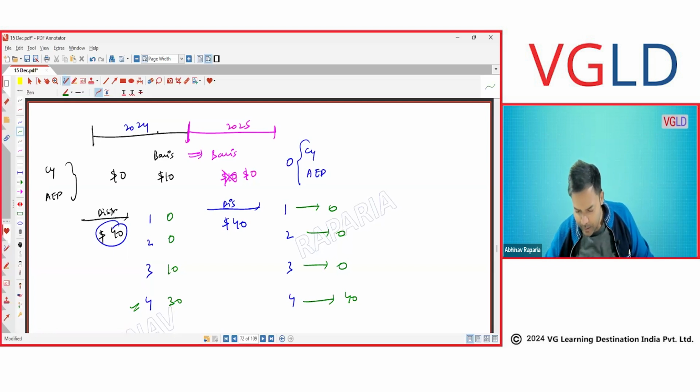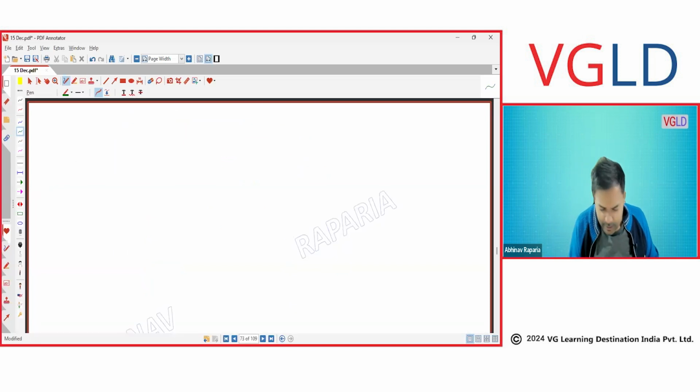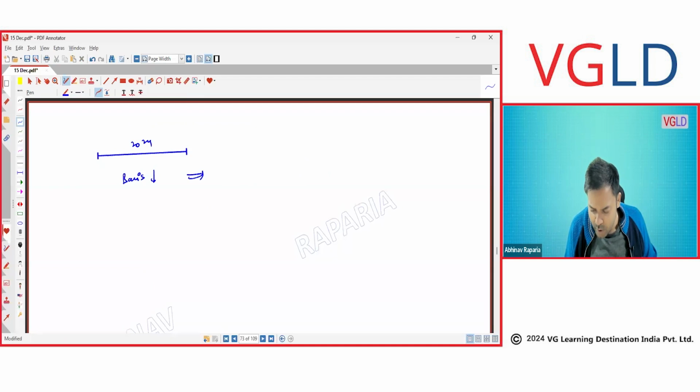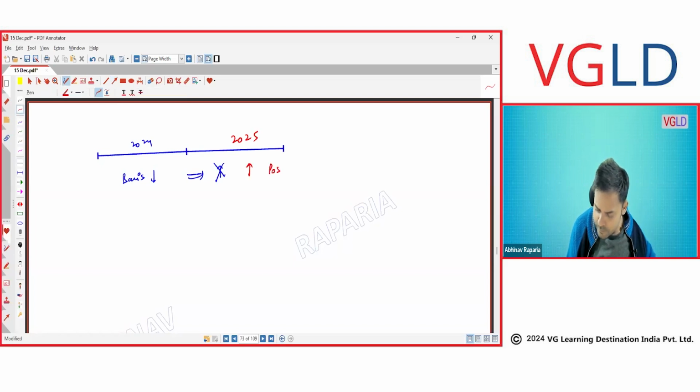So that means if in any year, let's say in 2024, my basis has been reduced, it is not going to automatically increase. Is it possible in the future that basis is increasing?